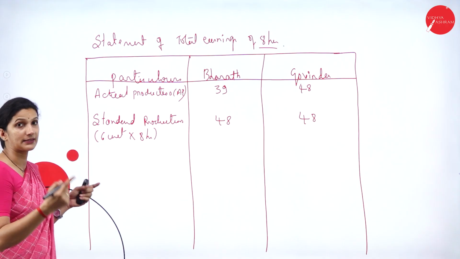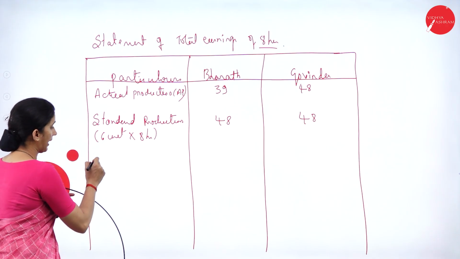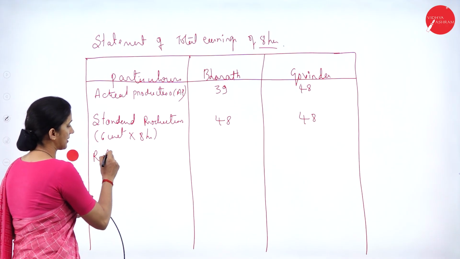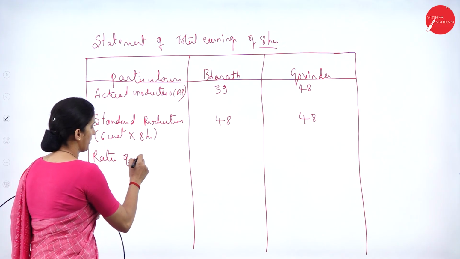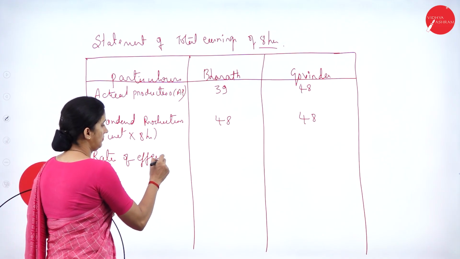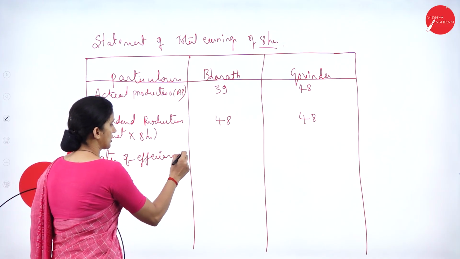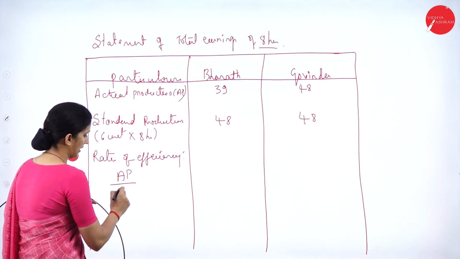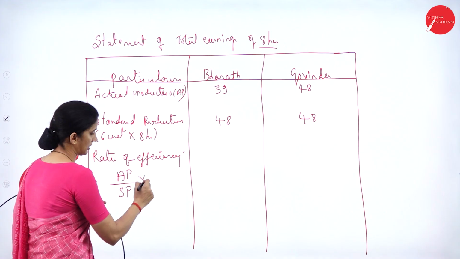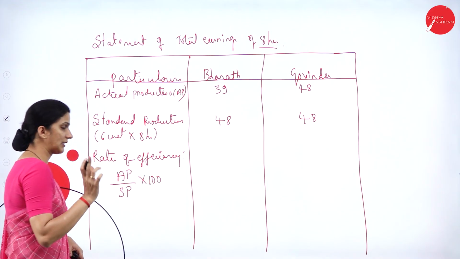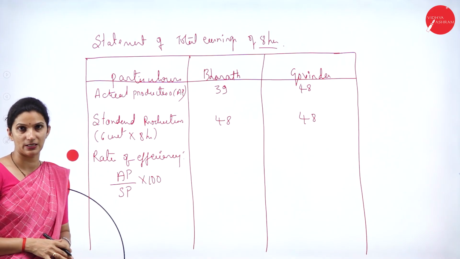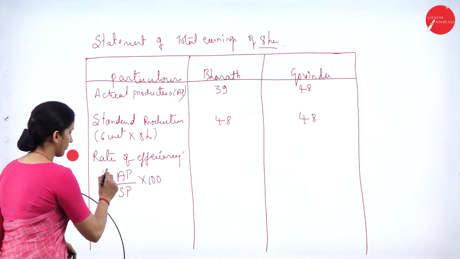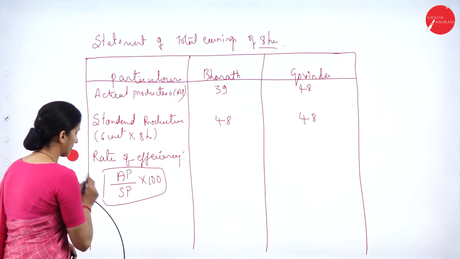Then next, we need to calculate the rate of efficiency, that is actual production divided by standard production into 100. This is the formula that we are using.